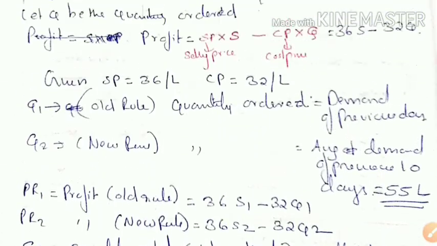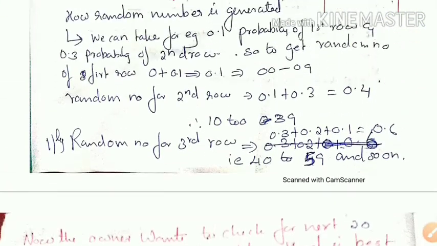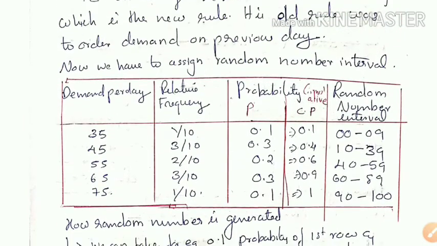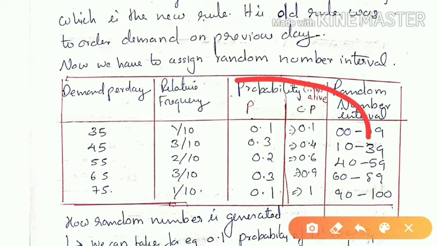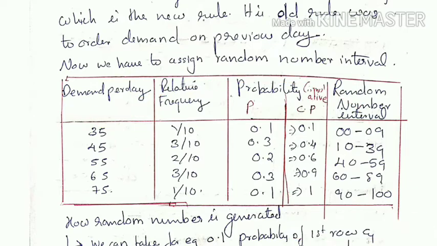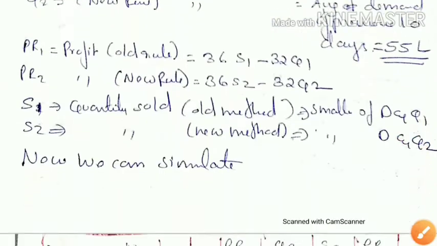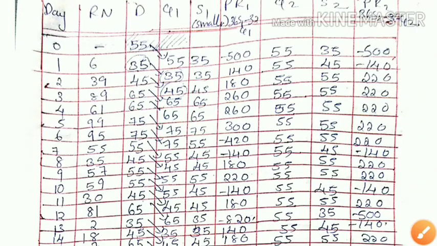So we have to go to the last but one table. For 6, that is in 00 to 09, 6 comes in the first row of the random number interval. So the demand per day for this is 35. So we write 35 here.